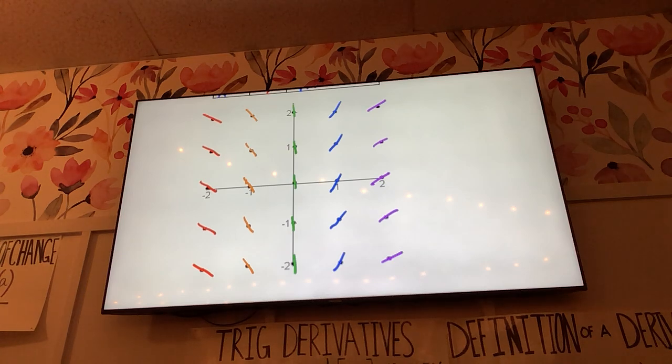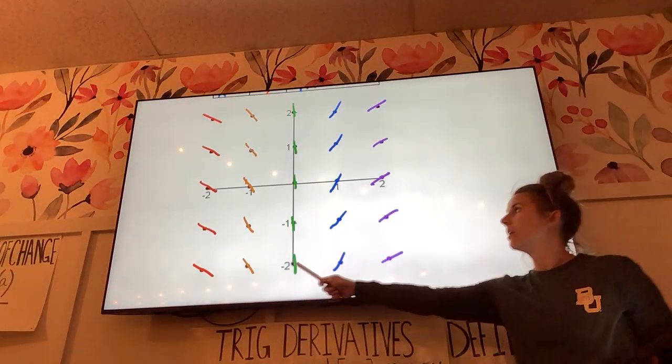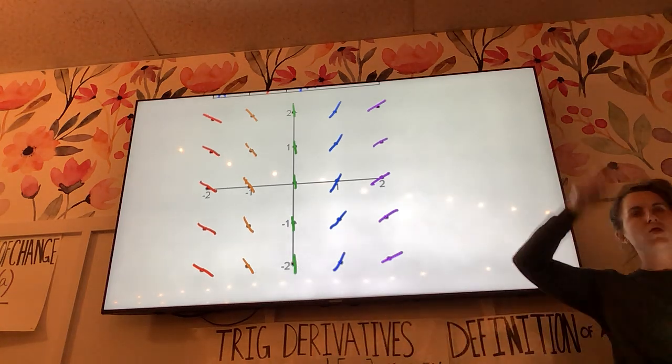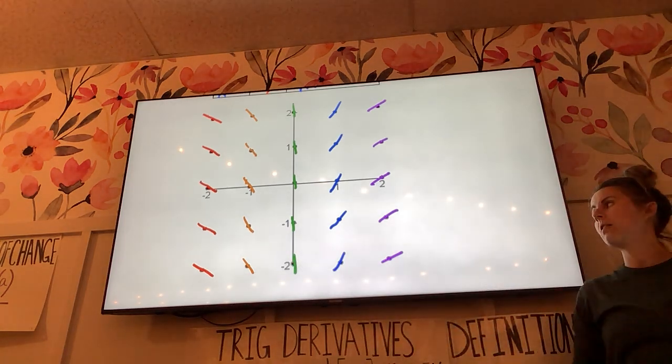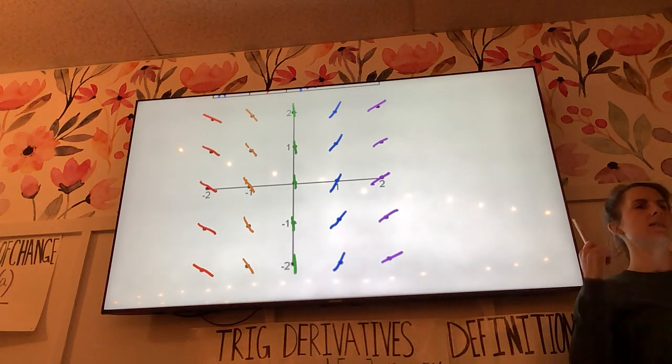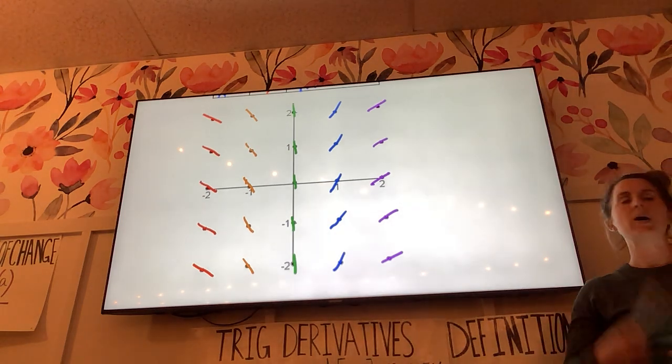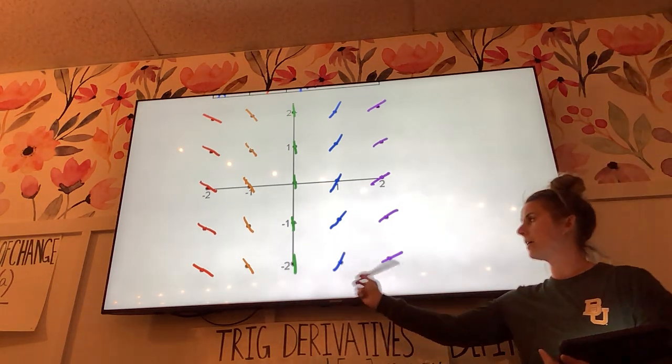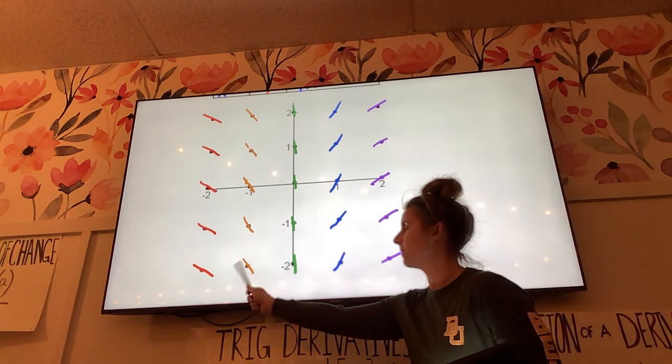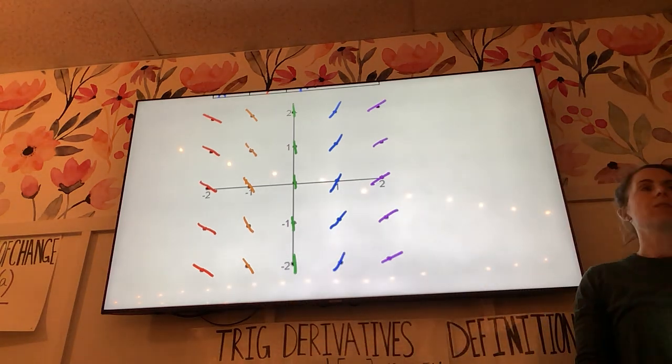So what they're going to look for on the AP test is the obvious things. Like at 0, you should have either a straight up and down line or no line at all. They're going to look for undefined, for 0, for positives and negatives. Everything over here should be positive, everything over here should be negative, and then they're going to look for contradictions.